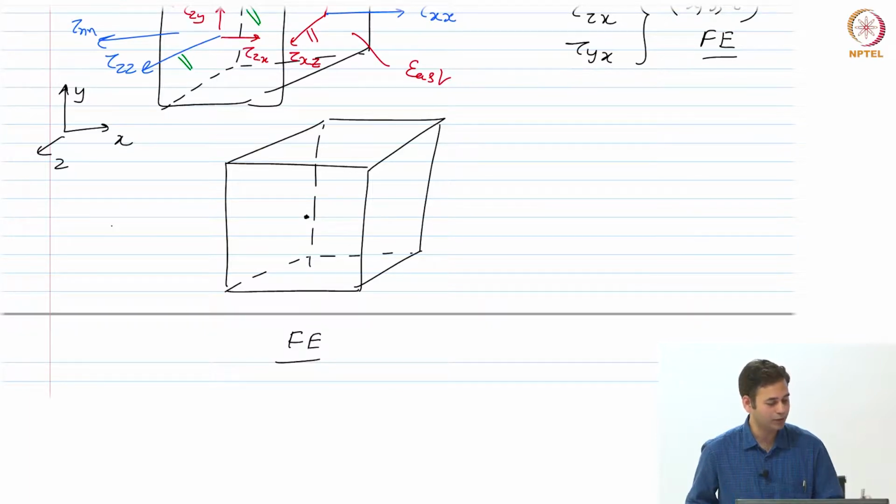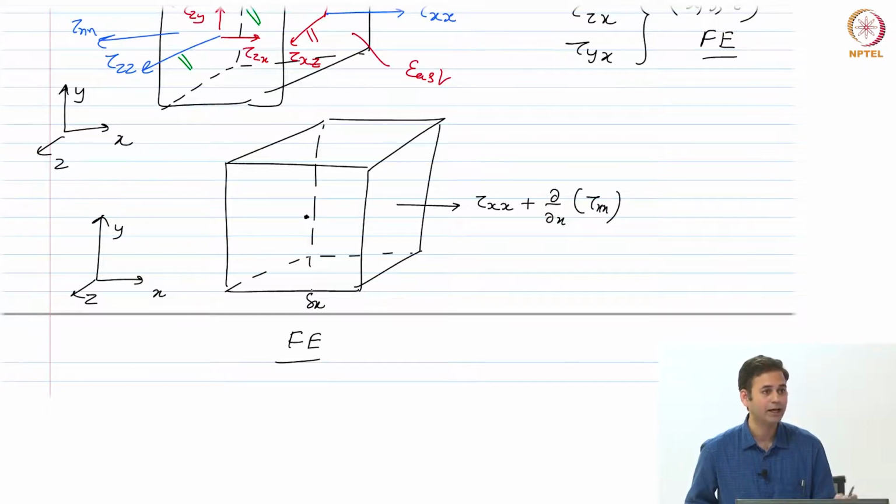Then what would be its value on the east face? This would be tau xx plus, because you are coming in the positive x direction, partial x of tau xx, and we say that this fluid element has delta x, delta y, delta z in the x, y, z directions as its length.